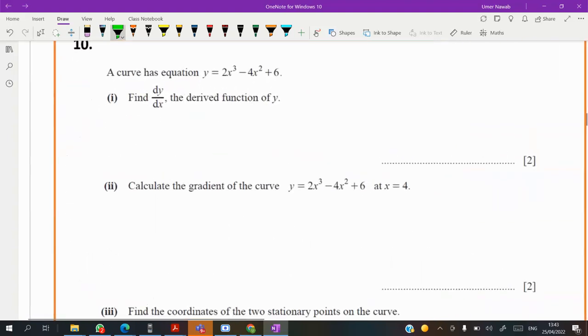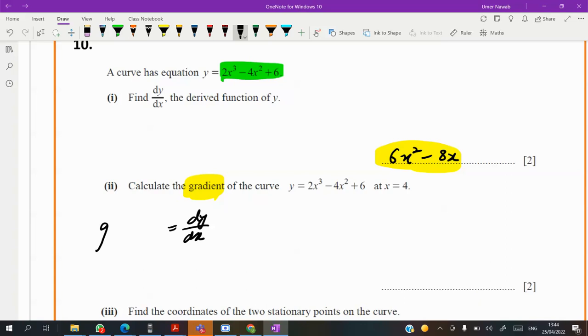Question number 10. A curve is given. We want to find dy by dx. So 3 times 2 is 6, x squared, minus 8x, and the differentiation of 6 is 0. This is our dy by dx, which is called the gradient: 6x squared minus 8x, we already found it.